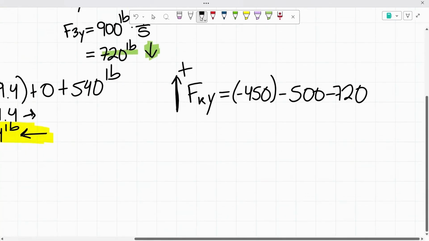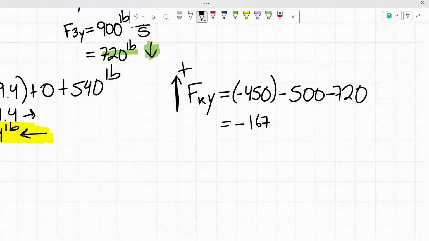So if we sum those all up together, we get a total of negative 1,670 pounds up. But again, we don't want to deal with negative numbers, so we're going to do 1,670 pounds going down.